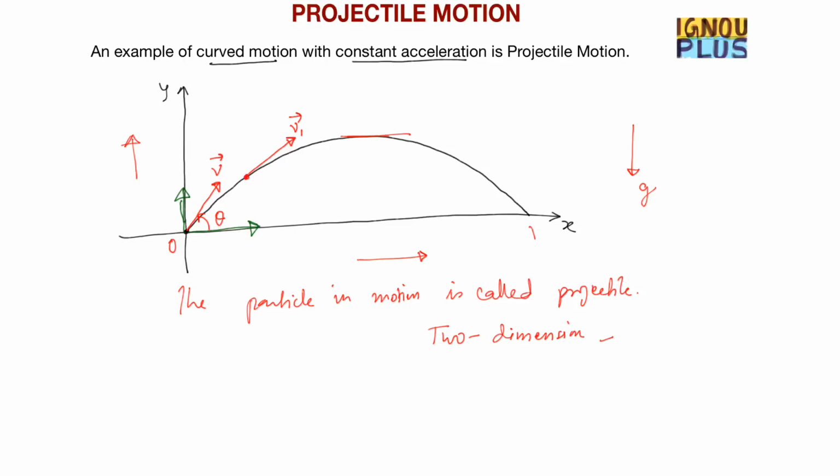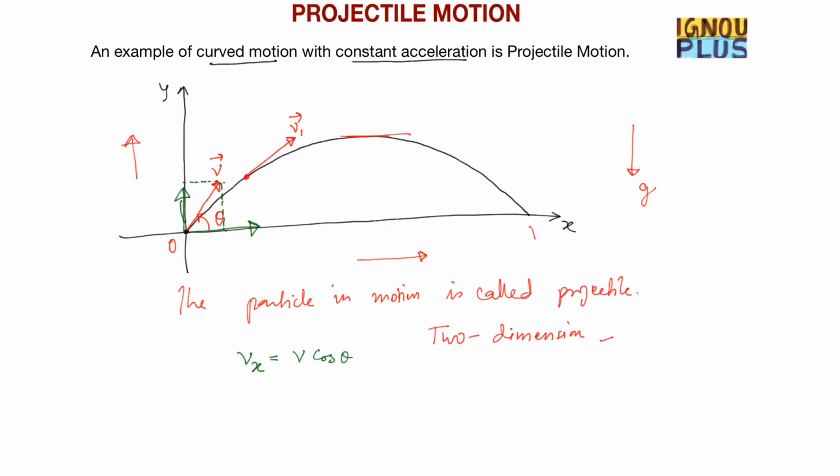And when we resolve this, we get the x component and y component of this velocity. So let Vx be the x component of the velocity, in the direction of x, which is v cos theta.